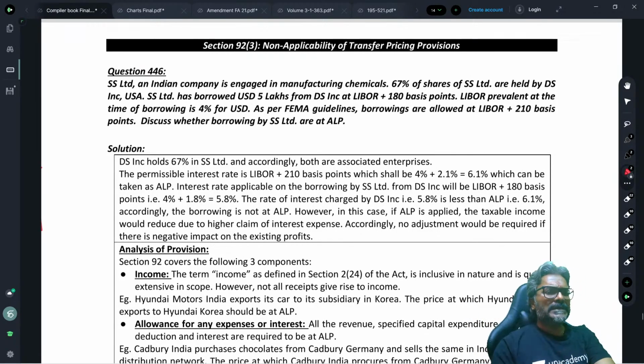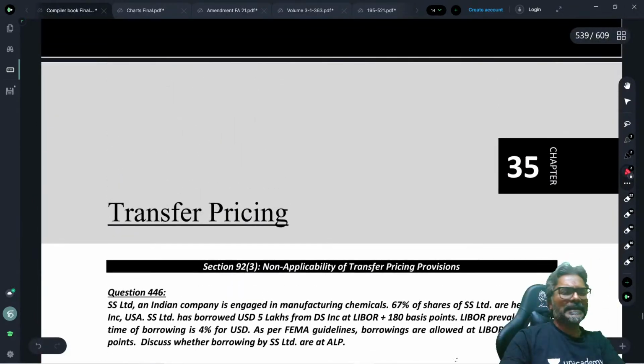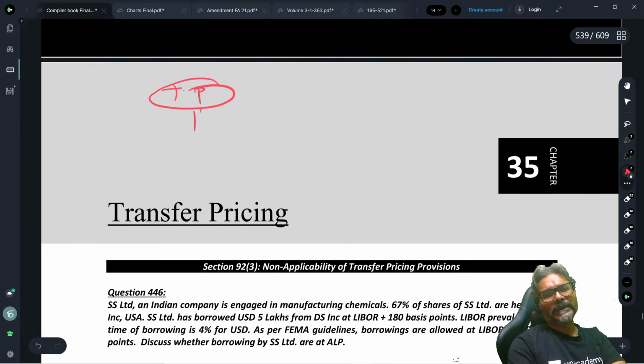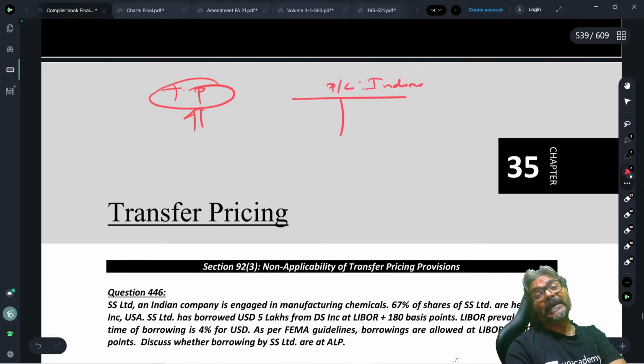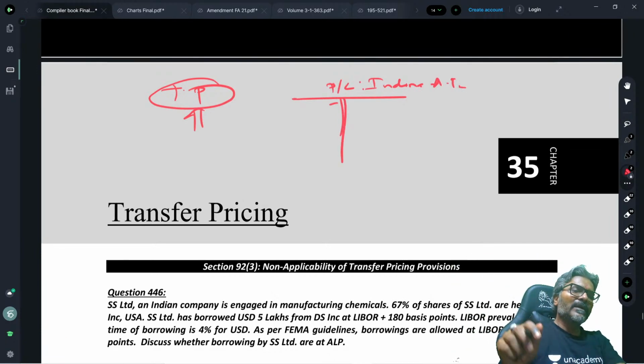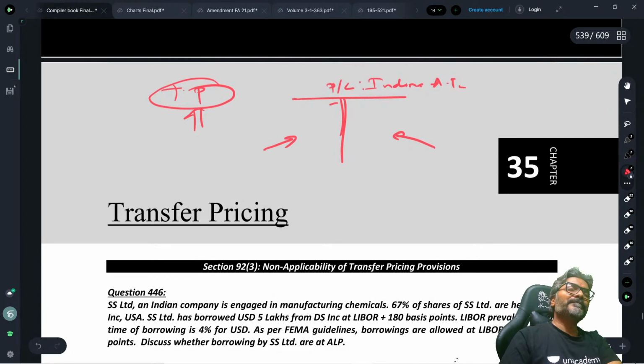And one more point, students, as a matter of policy, always keep this in mind. Whenever you have to solve a transfer pricing question in the examination, do make a profit and loss account of the Indian associated enterprise. The Indian AE's P&L, students, always prepare it. And just see the impact of this international transaction, whether the impact is on the debit side or on the credit side.